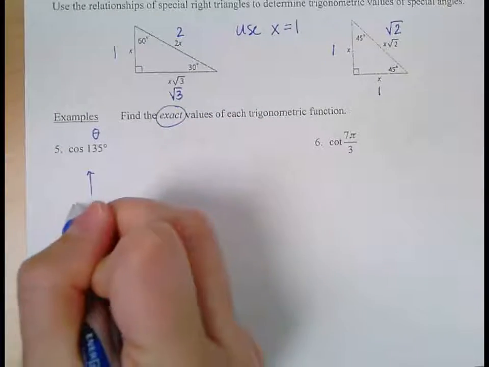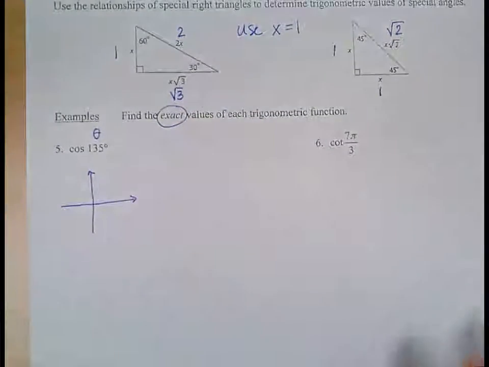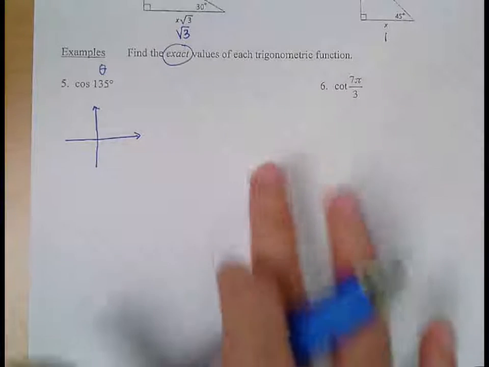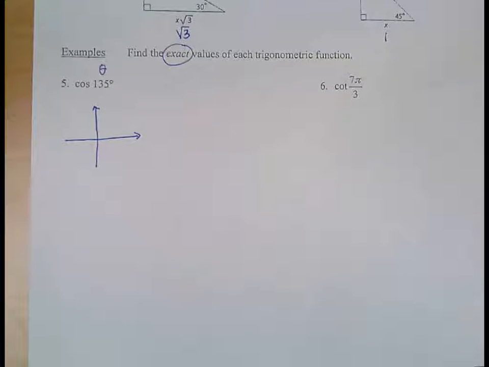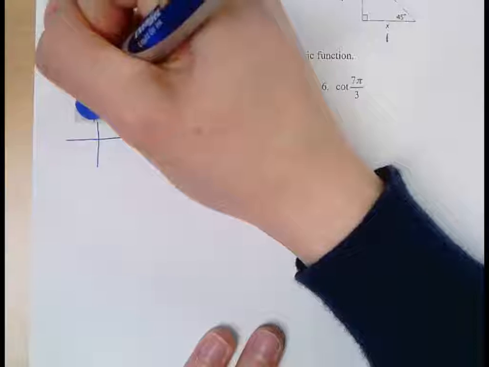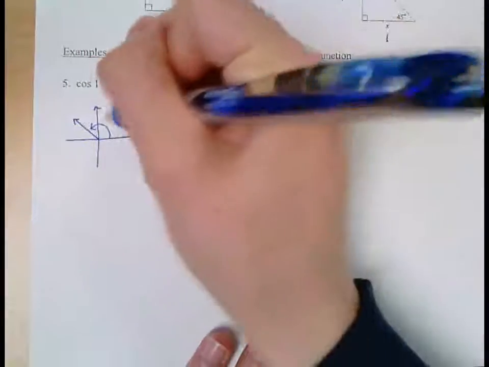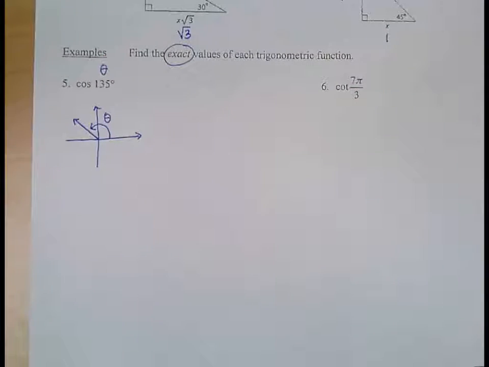So I'm just going to sketch, like we had done for the first 4 examples, where this angle would fall. Now, these angles that you're going to be working with in this part will be on your unit circle. So if you find where 135 degrees is, it is in quadrant 2. So this is theta.